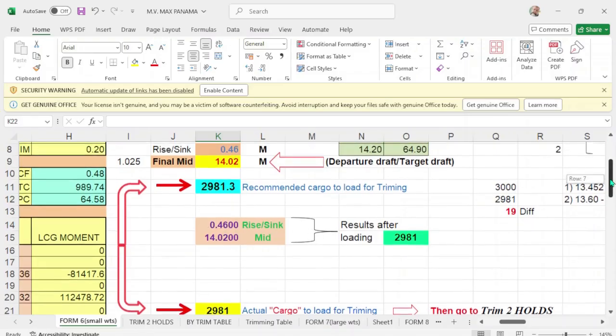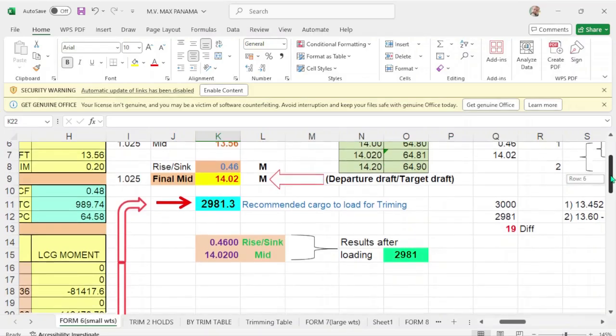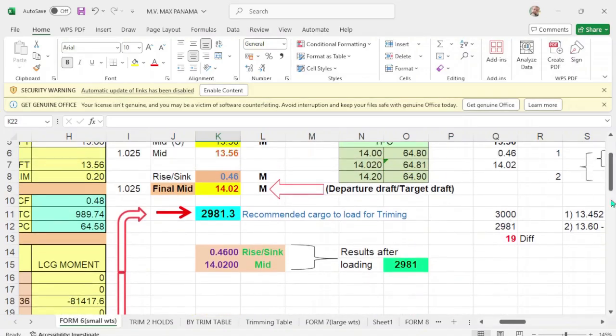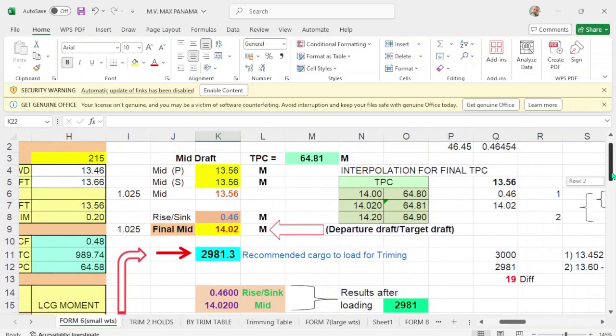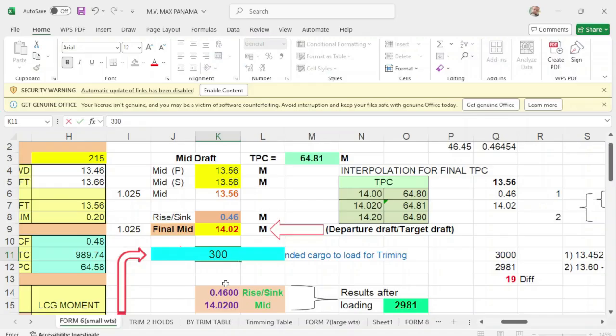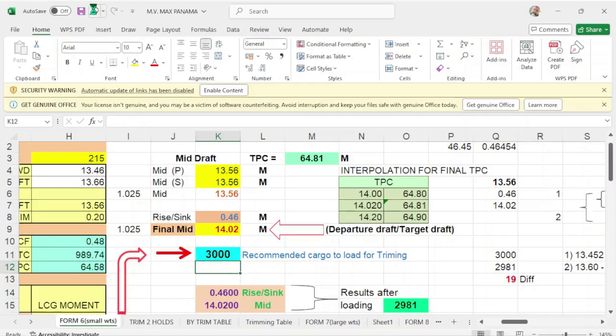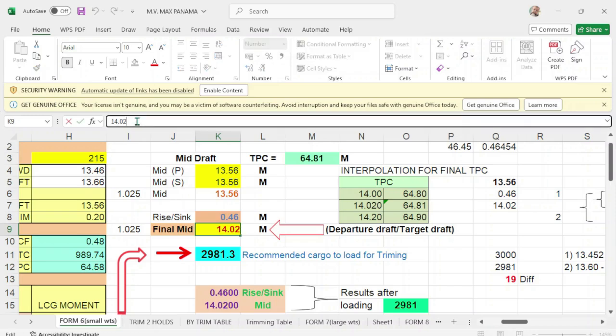But since the problem indicates that we should load 3000, you can put it this way, 3000. But I don't do it that way. I just put it this way. This is your departure drop. I put here 1. Take note of this figure. It will change.